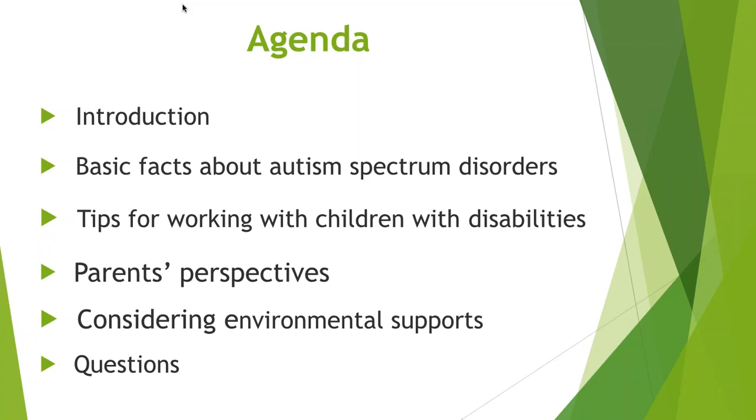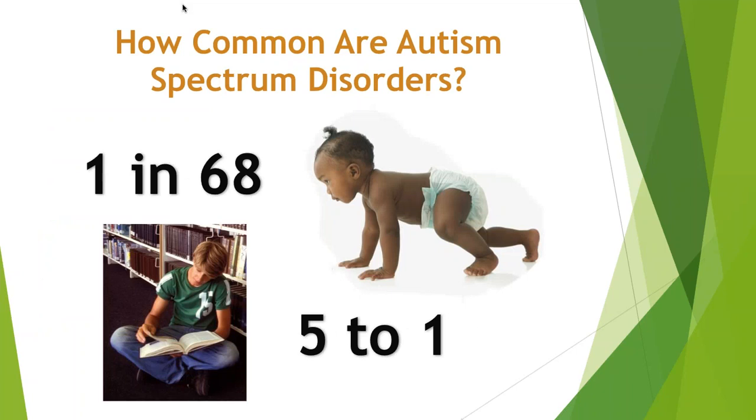So with that, as a backdrop to what we're going to talk about today, I just want to bring out the incidence or the prevalence of autism. According to the Center for Disease Control and Prevention, the incidence of autism has risen steadily and dramatically in the past 2 decades.